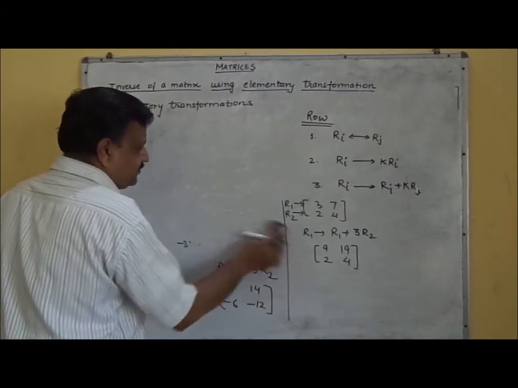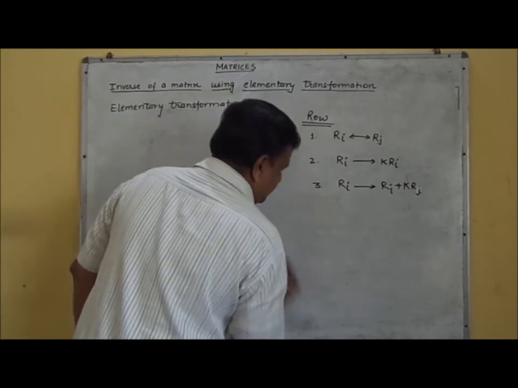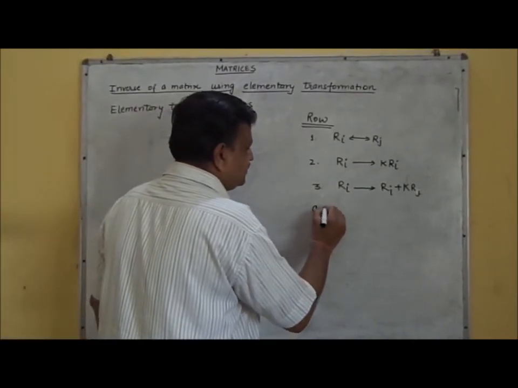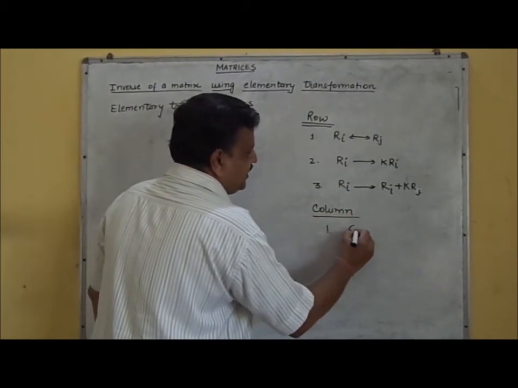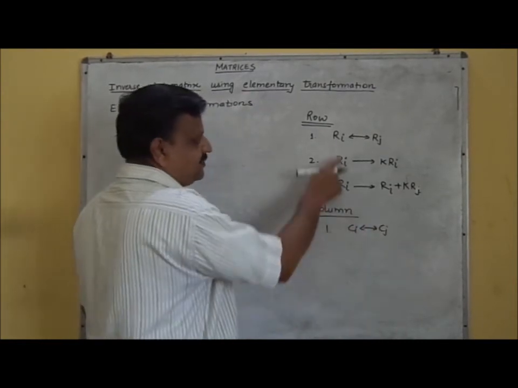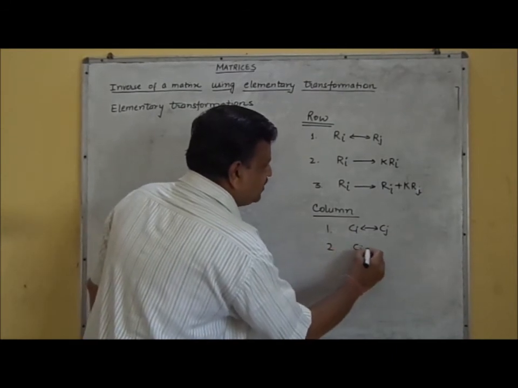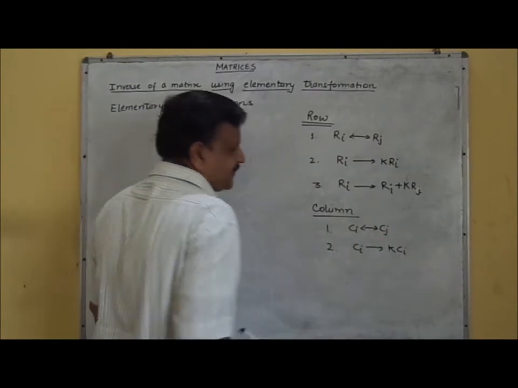We have the same transformations in columns also. Now what will the transformations in columns be? Column transformations. The first one is that any two columns can be interchanged, same as in rows. The second one is that any column can be replaced by some scalar multiple of it.